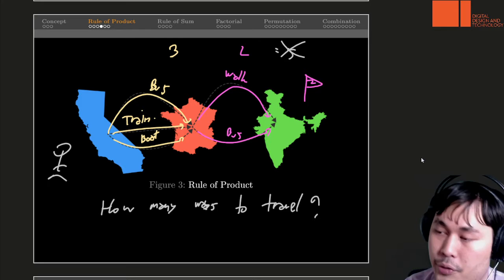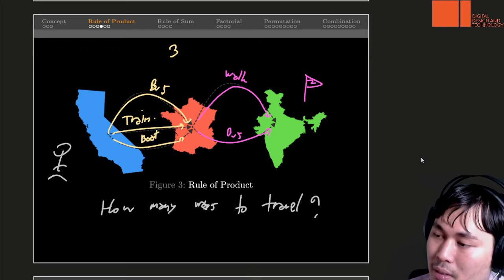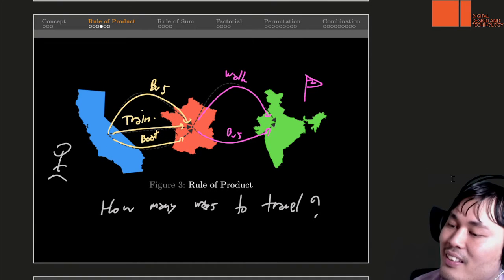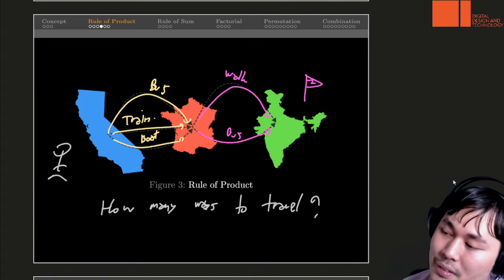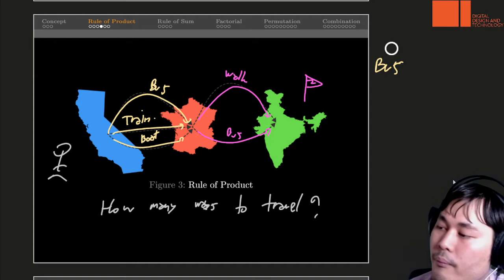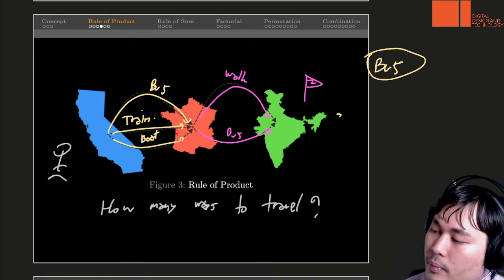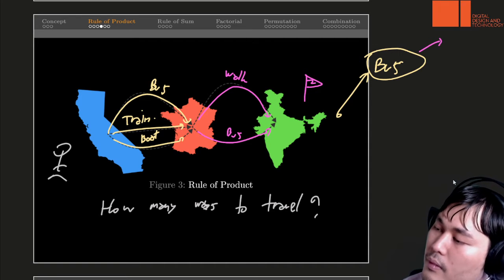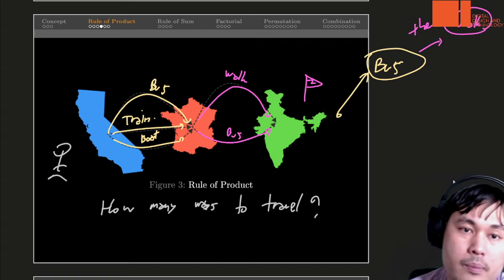So if you don't know the rule at all, what you have to do first is just count everything naively. So for instance, let's say you start from a bus, what else can you do? You start from a bus, then you can take a bus and then walk to your final destination.